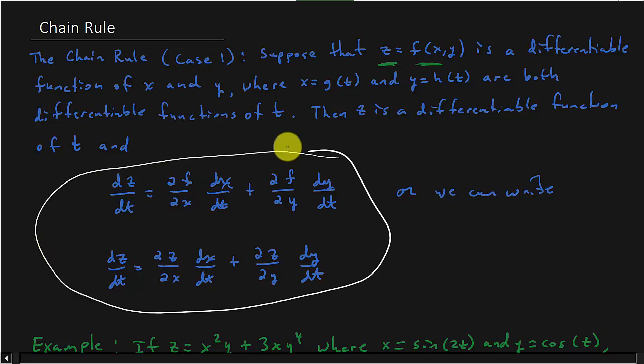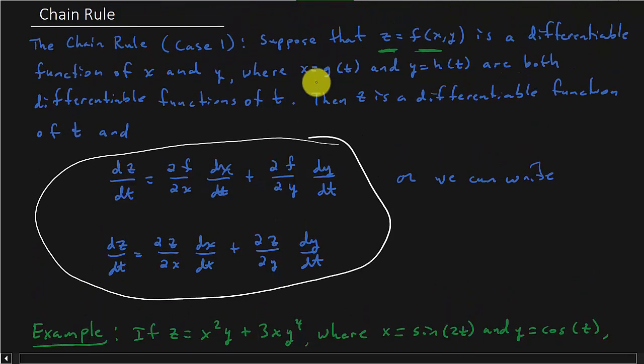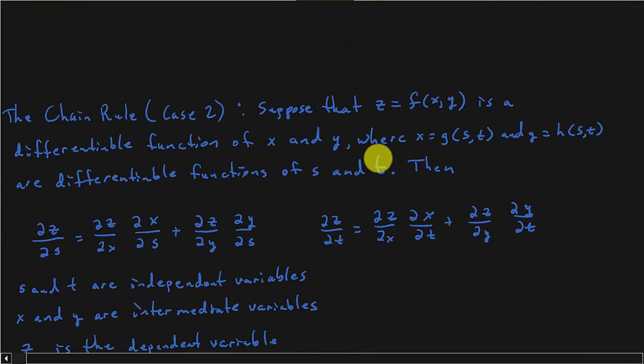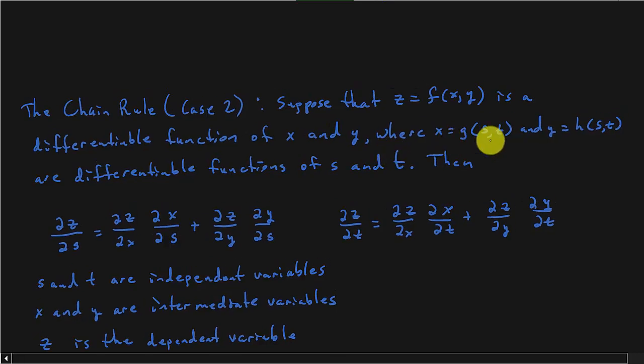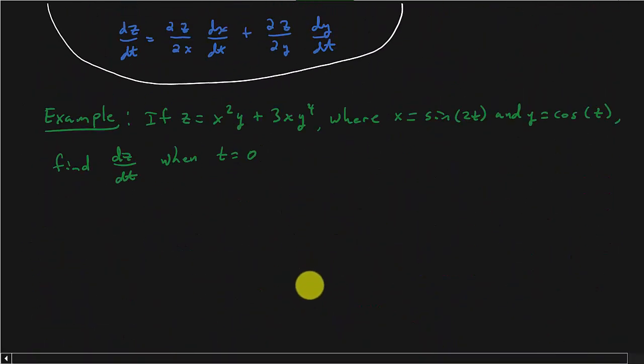Also note that the x and the y here are functions of one variable. They're just functions of t. We're going to have a case down here where x and y are functions of more than one variable, and I'll show you the difference when we get there.